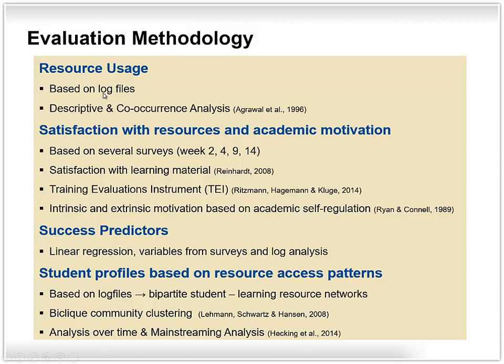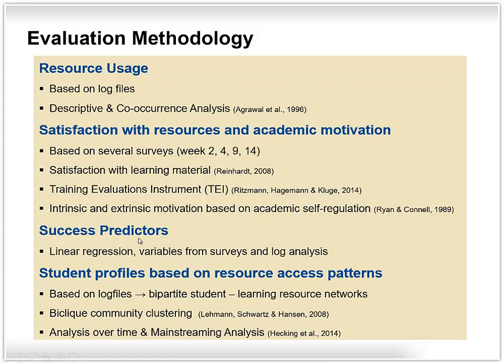First, just descriptive accounts of resource usage based on the log files, just participation meters and so on. This was done by our psychology colleagues. We have measured satisfaction with the resources and also motivation.